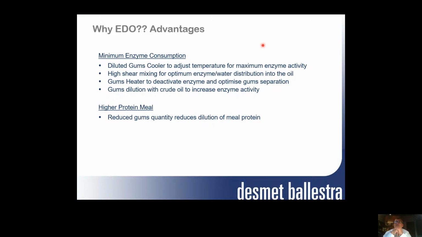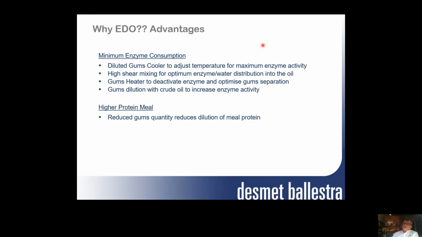There is high shear mixing for optimum enzyme and water distribution into the oil. But gum heaters deactivate the enzymes and optimize the gum separation. That's at the end of the process. And gums dilution with the crude oil is to increase enzyme activity as well. That's at the beginning of the process.